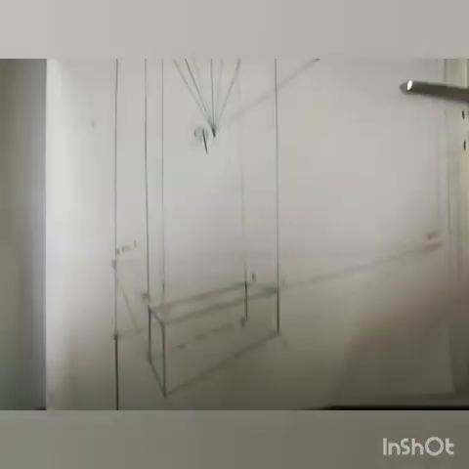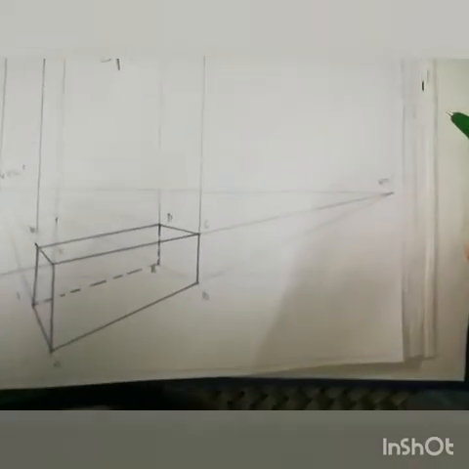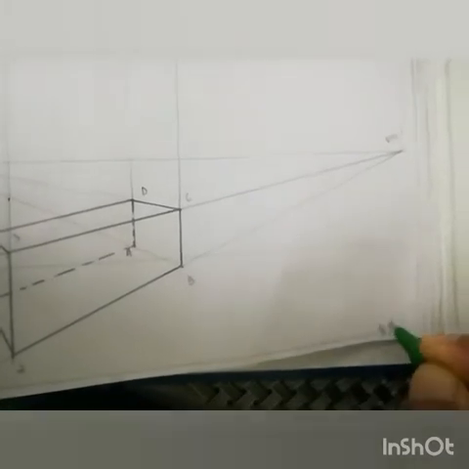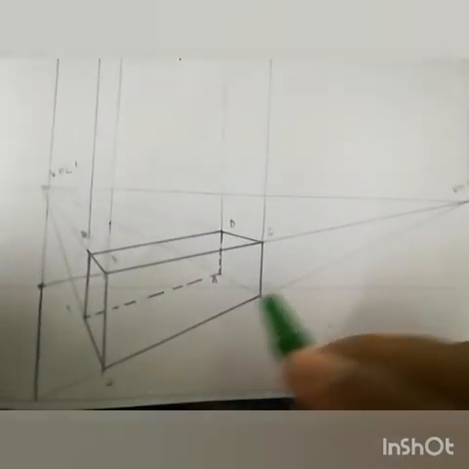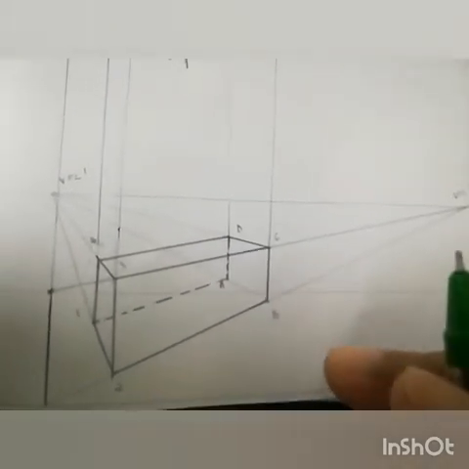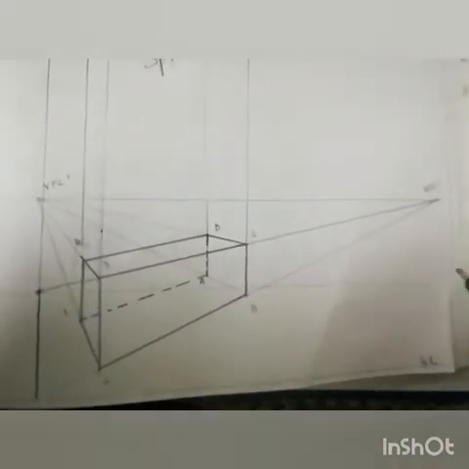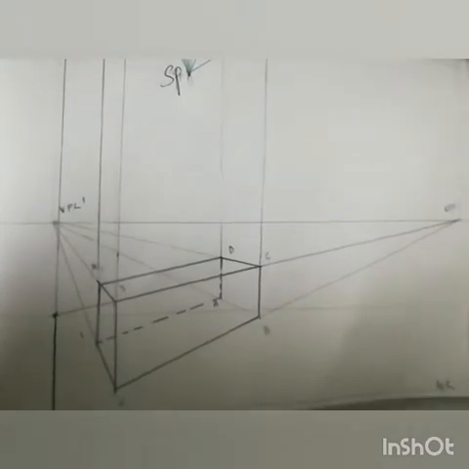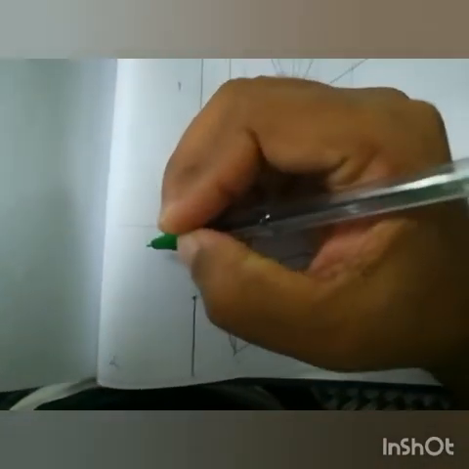Now we have to come to the horizon and ground line. This is the ground line. Now you need not draw the front view. Instead you can draw the horizon line. This horizon line is 60 mm above ground line.